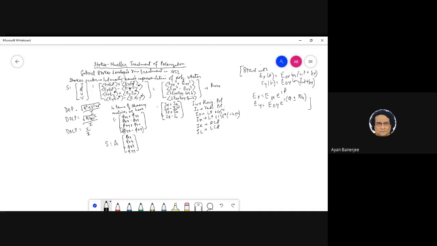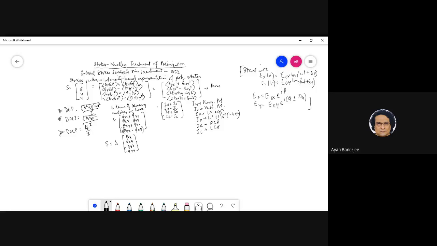So this is the degree of linear polarization, with Q plus U divided by this. Remember that these are the three things you are really bothered about. These tell you whatever information is there.